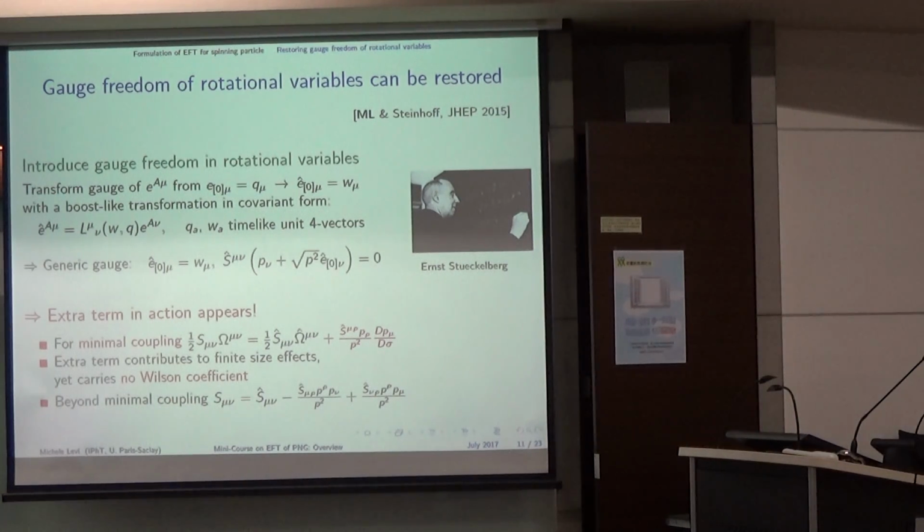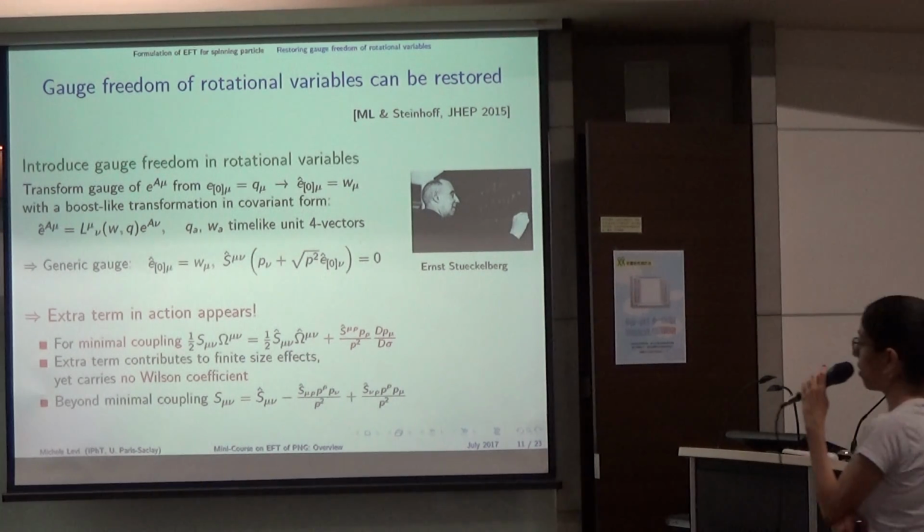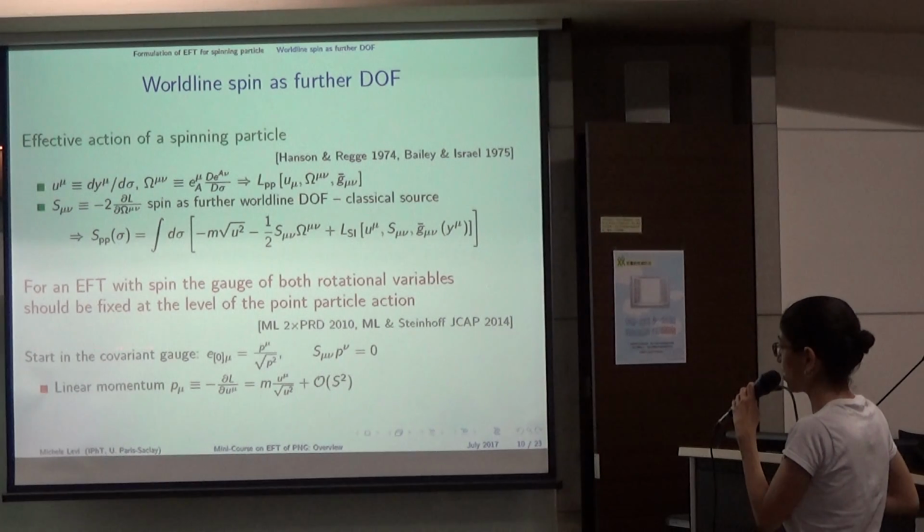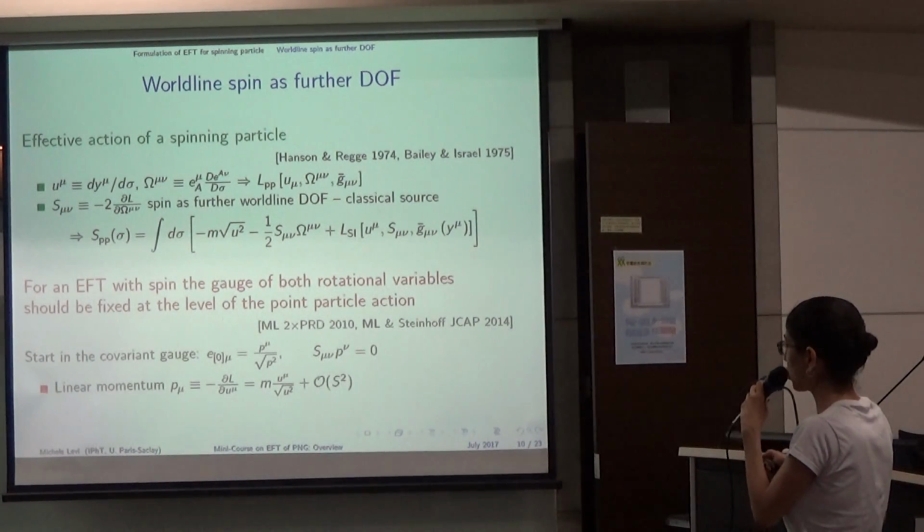The first thing that we do is introduce the gauge freedom of the rotational variables back into the action. So from having this term only, using the covariant gauge, we want to go to something more general.